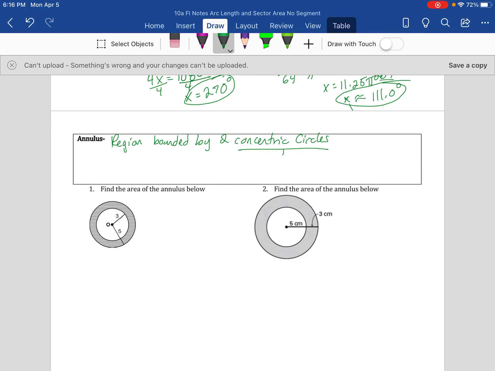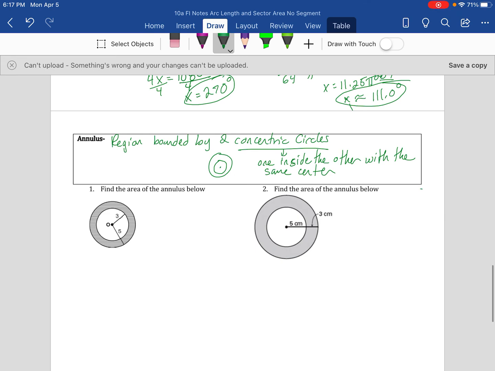And concentric circles are circles one inside the other with the same center. So this would be concentric circles. They have to have the same center.